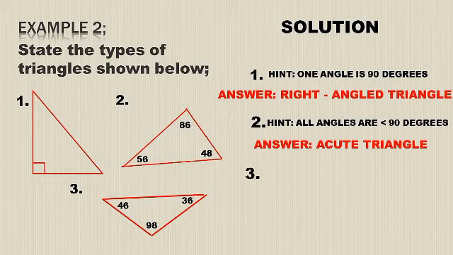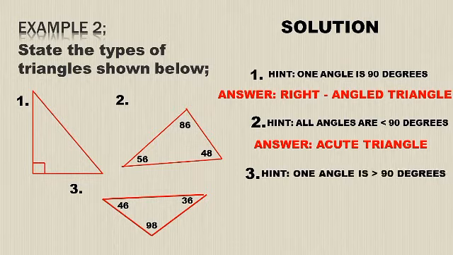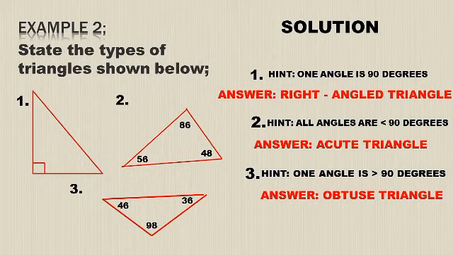Then the last, the hint here says one angle is greater than 90 degrees, and as you can see, whenever two lines meet to form an angle greater than 90 degrees, the two lines spread outward, and when they spread outward, they form an angle which we call an obtuse angle. And a triangle that has this kind of angle is called an obtuse triangle.